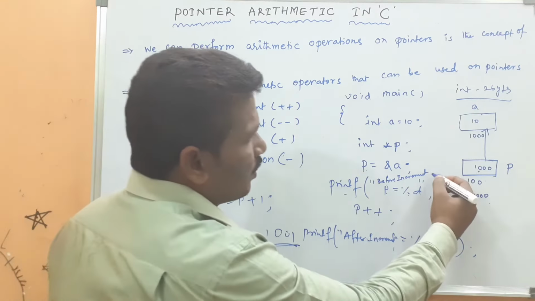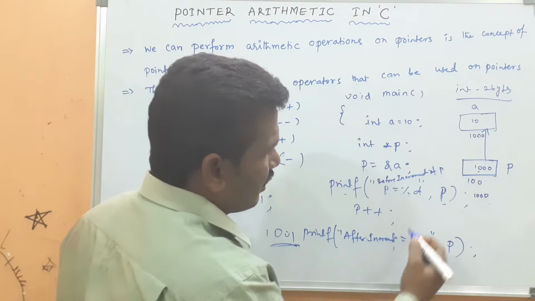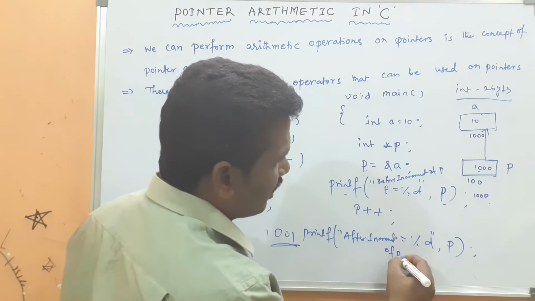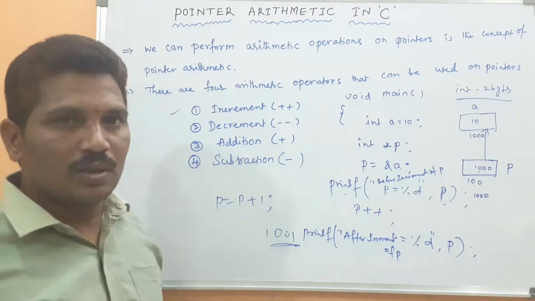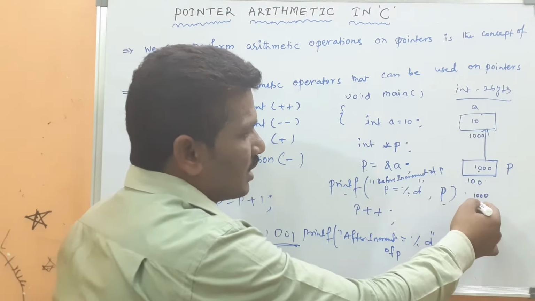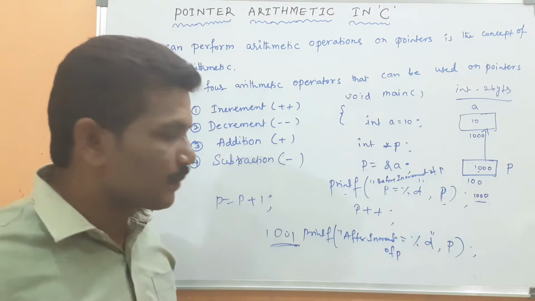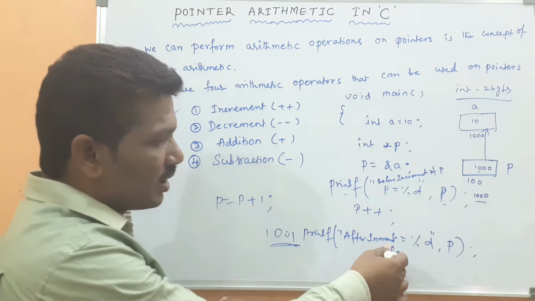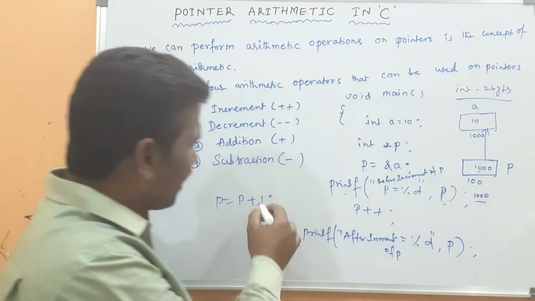Before the increment of p, what is the address? 1000. Then we print after the increment of p. Is it 1001?